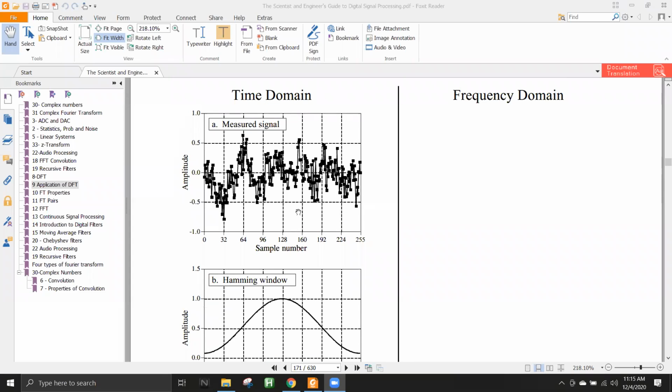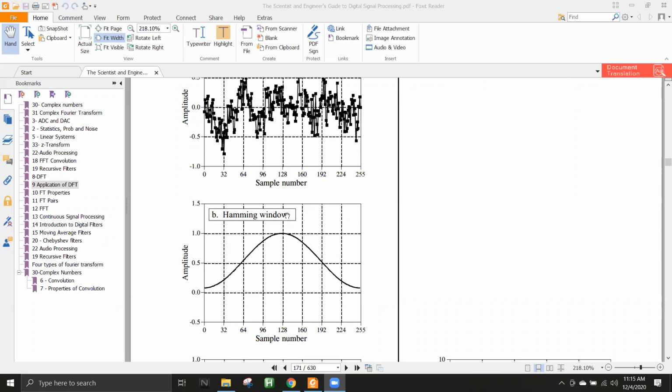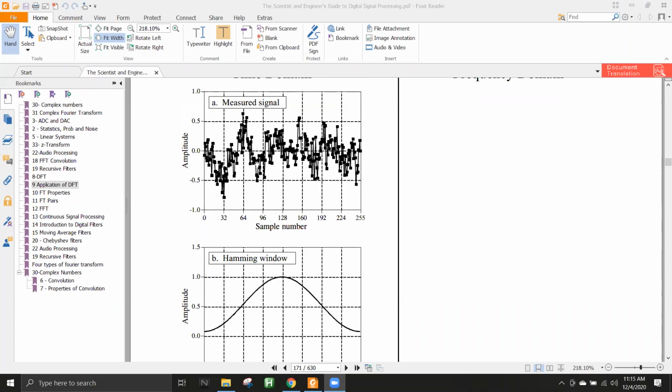The reason will become clear later on, but for now we can tell you the main thing that the Hamming window does. When you multiply any signal with a Hamming window, the ultimate result is that in its corresponding frequency domain, the end noises will be reduced. In any signal in the frequency domain, there are some end noises, by which I mean in the first part and in the last part.